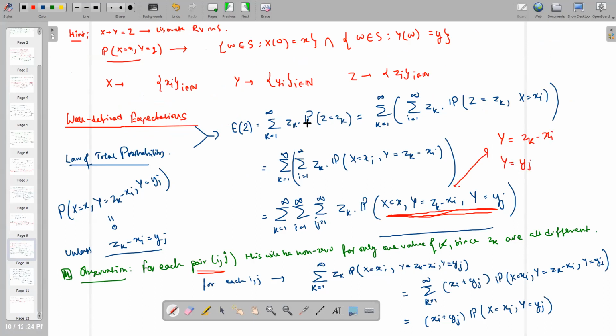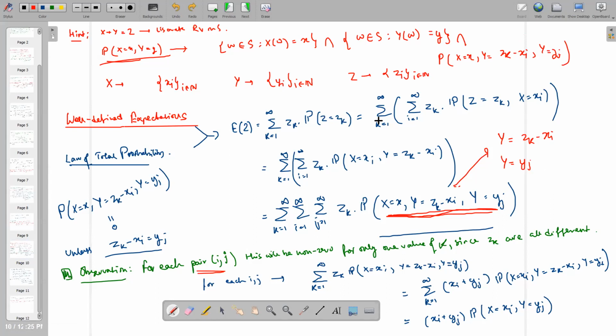And I defined this to be probability x equals xi, y equals zk minus xi, y equals yj. This thing is the intersection of three events like this, right? So the last two events would be both conditioned on y of omega.